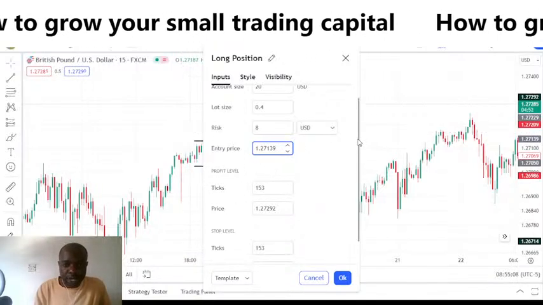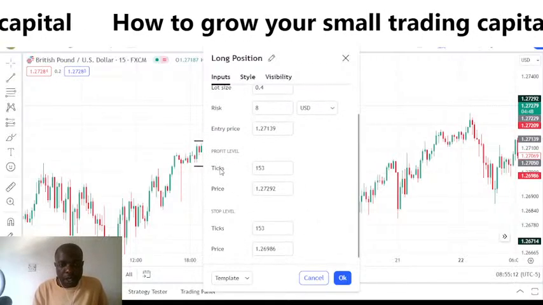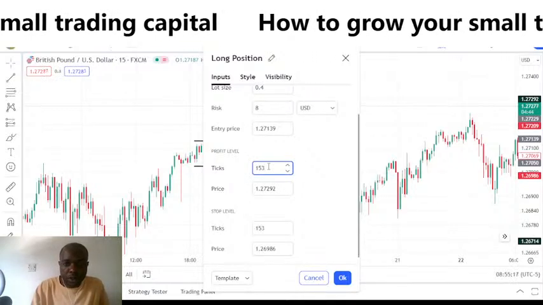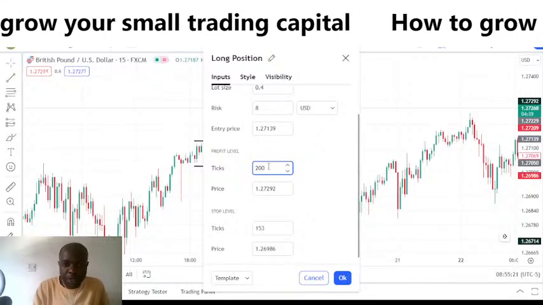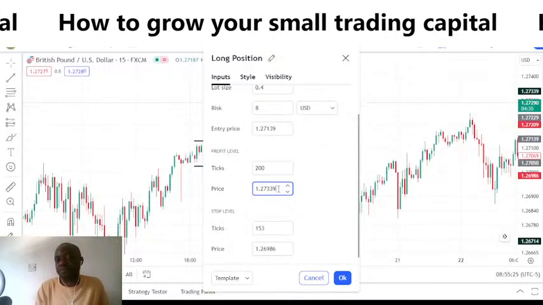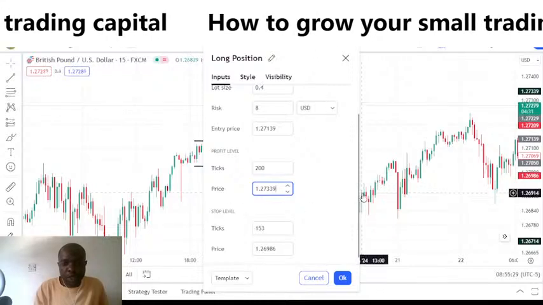Then let's come to our take profit order. If you want 200 pips, when you click on it, you can see the price will change. So the stop loss.